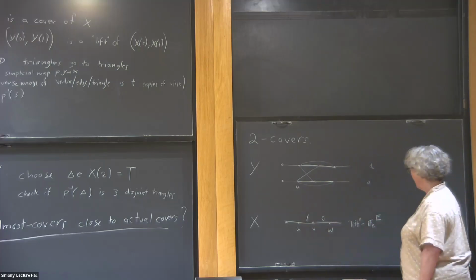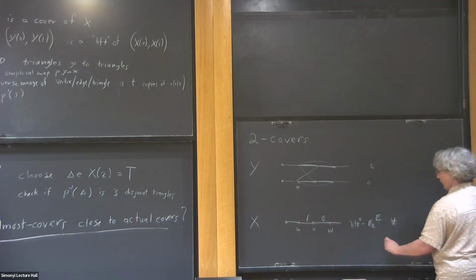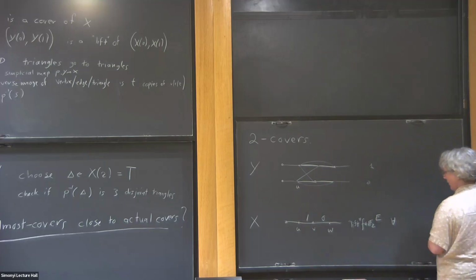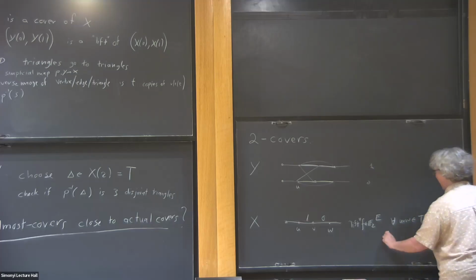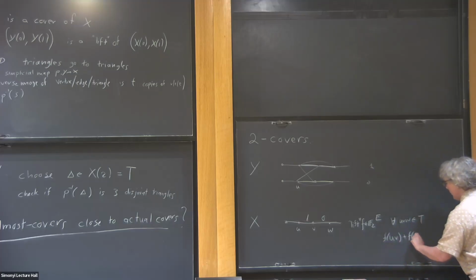So basically what I want is that a lift is some function f in F2 to the E, and for every triangle UVW in T, I need f of UV plus f of VW plus f of WU to be 0 mod 2.